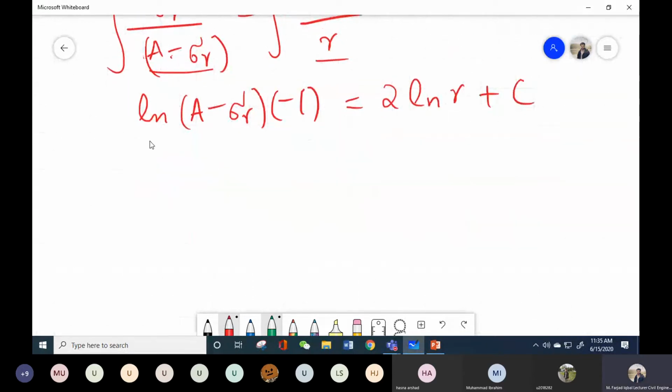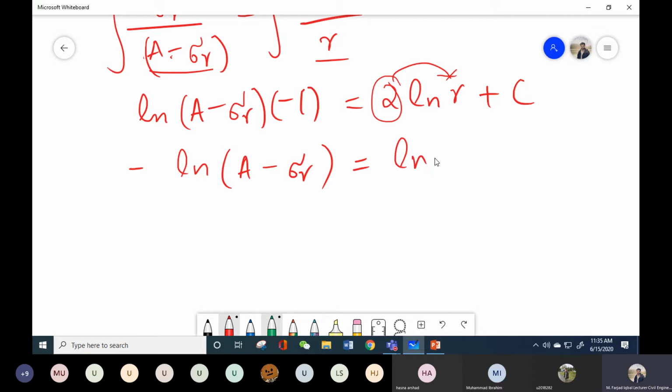So this minus will come outside, and we will have minus log natural a minus sigma r equals to, this 2 can go into the power. So this is the rule of logarithmic or log calculation. So this 2 will go into the power log natural r square plus c.